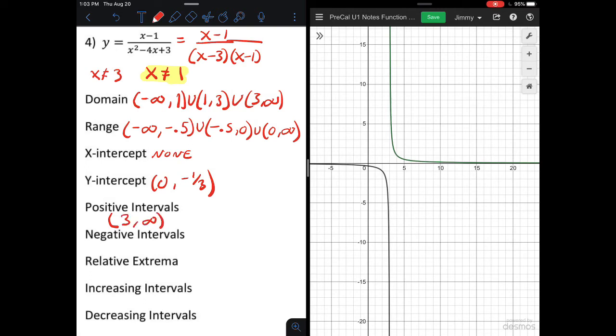The graph lies above the x-axis. And we're negative everywhere else, which would be that whole black section there that I didn't color. So our negative interval would be the rest of our domain: negative infinity to 1, and then 1 to 3.